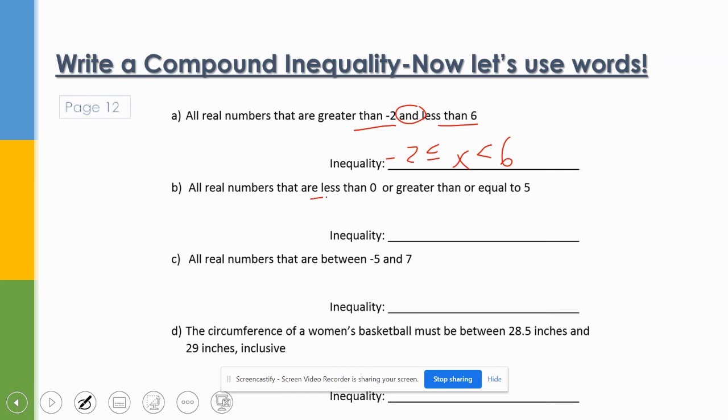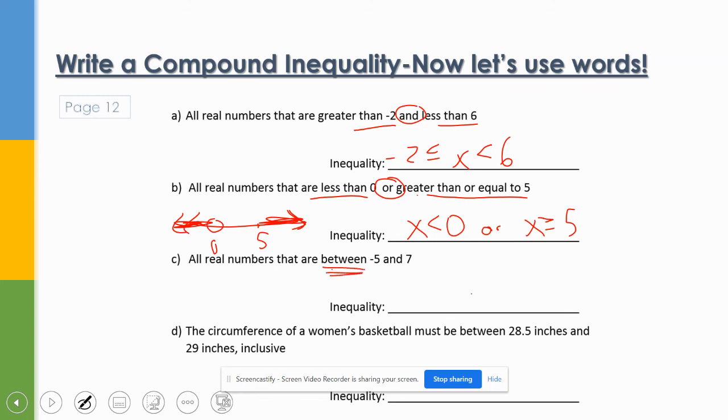All real numbers that are less than 0 or greater than or equal to 5. If you saw that on a graph, it would be 5 going that way and 0 going that way.